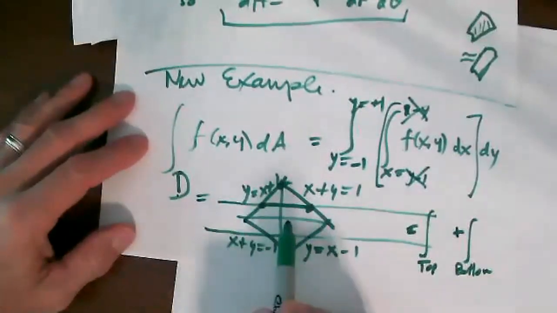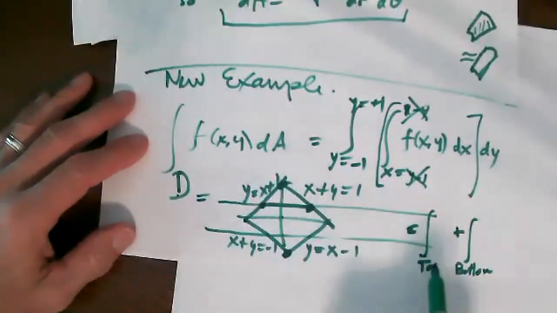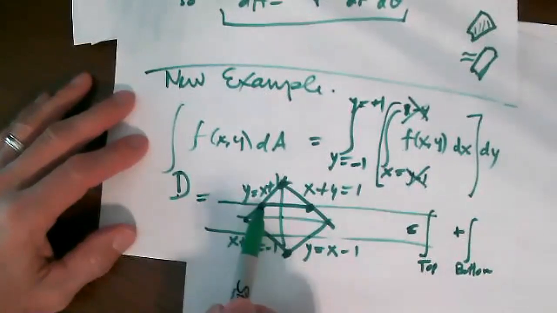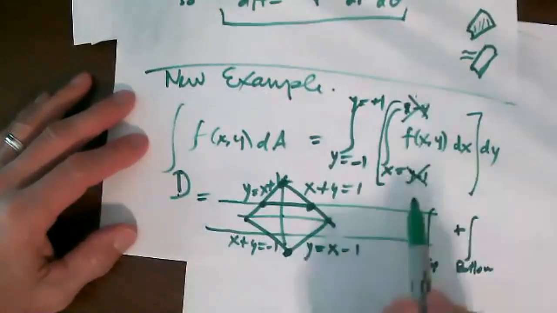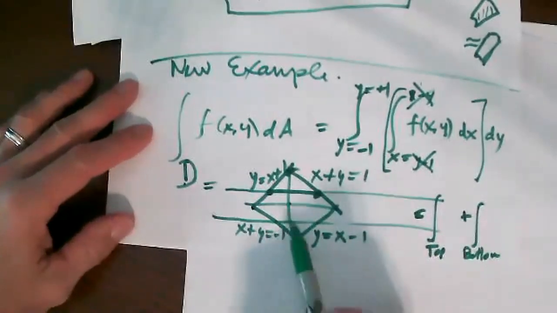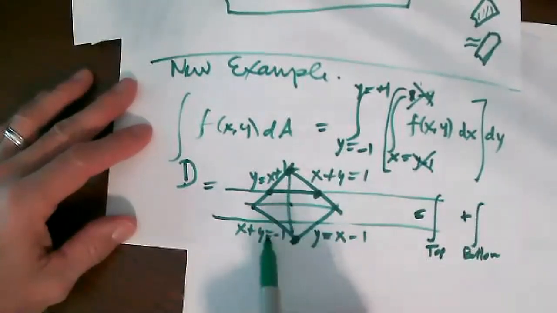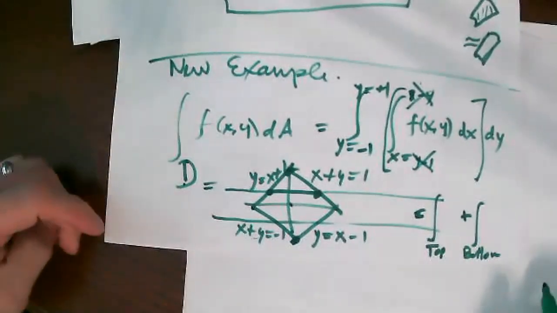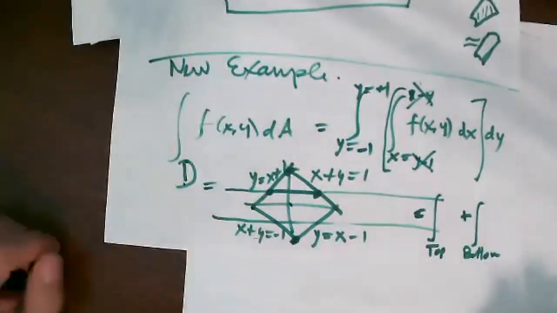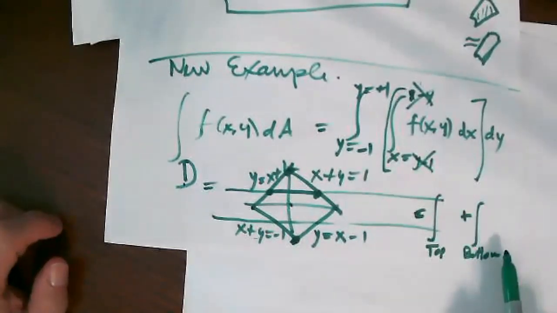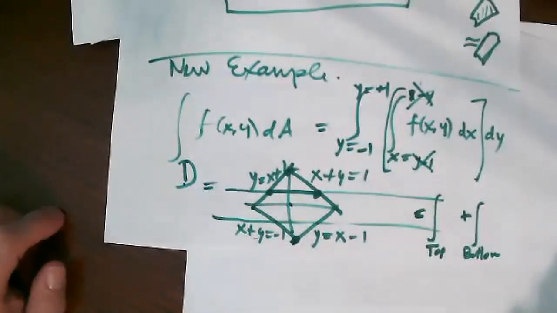One of them would have y going just from 0 to 1. And then if you know y is between 0 and 1, then you can write out the limits of integration like I had them. But in the second integral, you let y go from -1 to 0, and then your x coordinates would be something different. Okay, try it. I'll let you actually work out the limits of integration. Make sure that you understand why I had to split it up and how I would get those limits of integration.